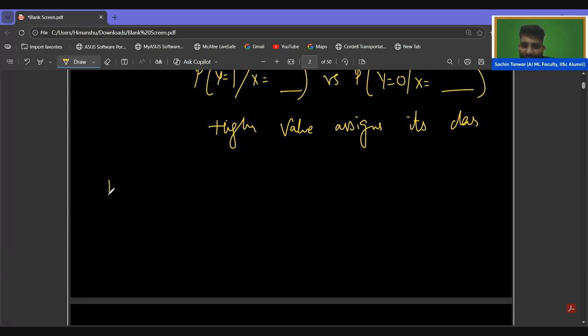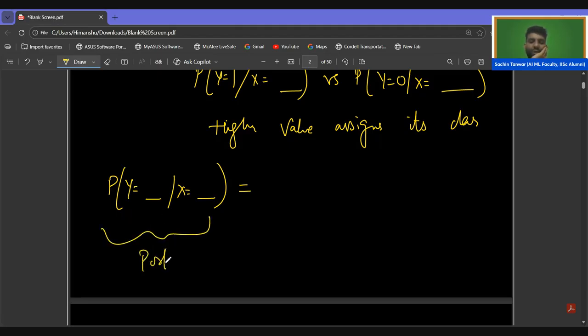So if you know something like this, y is equal to something, x is equal to something, whenever I want to find it out, this is a kind of conditional probability, and this is being called the posterior. So how do I find that? In terms of other conditional probabilities, we generally calculate that.